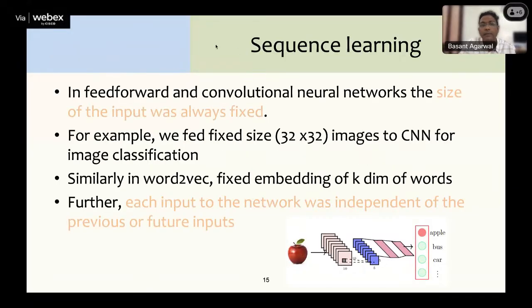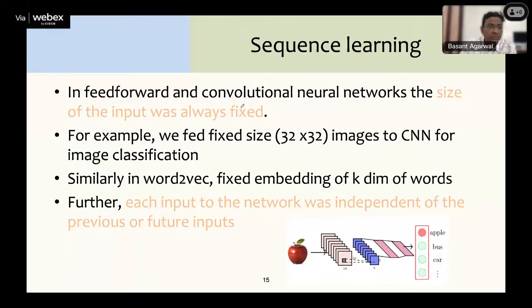We'll take some examples to understand the problems in a standard multi-layer neural network and a convolutional neural network. You will be learning about convolutional neural networks in a later session, but for now, the problems of a convolutional network in the context of sequential learning are quite similar.